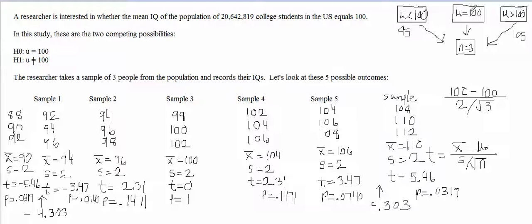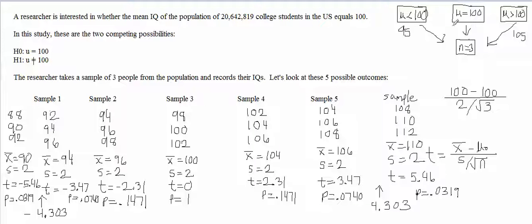And if the population mean is 100, you're less and less likely to get these sample means further above 100 that would give you these more highly positive t-scores. So if this center outcome is true, outcomes out here are less likely, the highly negative t-scores, and the outcomes out here are less likely, the highly positive t-scores.